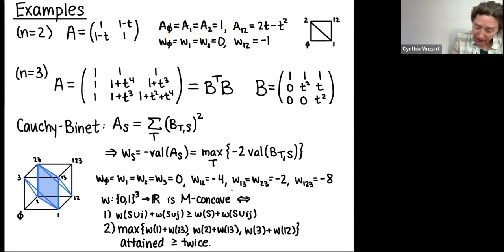For the determinant, some cancellation happens, and we get a determinant of 2t minus t squared. And so if we take the valuations, the valuation of 1 is 0, and the valuation of this is 1, because we have a t to the 1, and we take its negative. And so again, we get a function that's 0 on these 3 vertices, and then we imagine pulling down this top vertex to -1. And so this breaks off into 2 pieces.